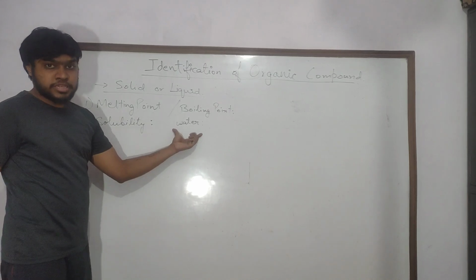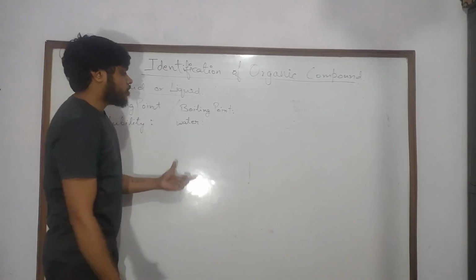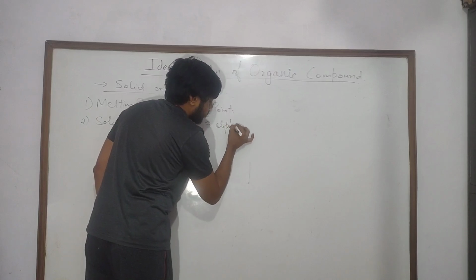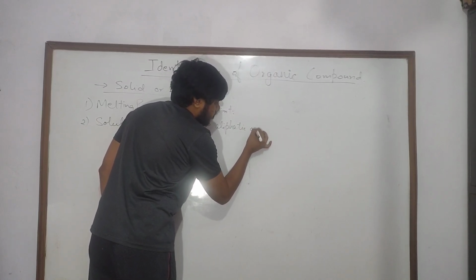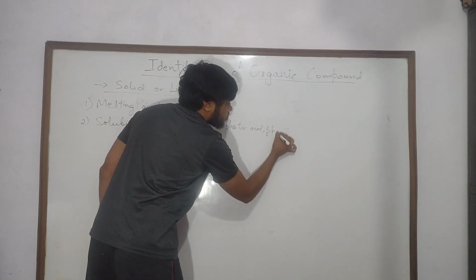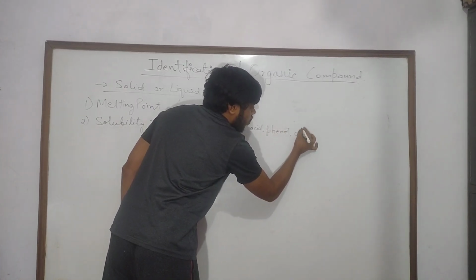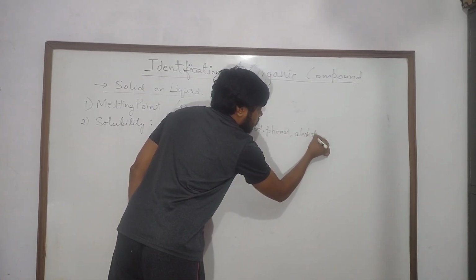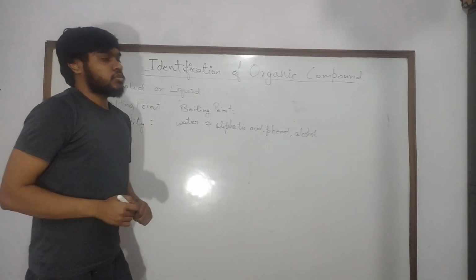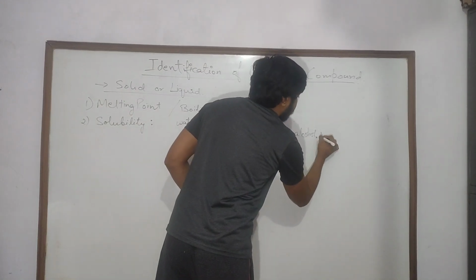If the substance is soluble in water, it could be an aliphatic acid, a phenol, alcohol, or it could be an amine also.